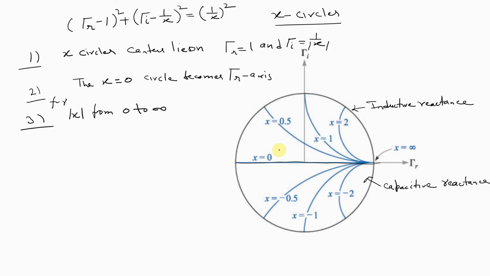You can say this is 0, 0.5, 1, 2. You can see this by putting values in this equation. Let us say this is equation 4.